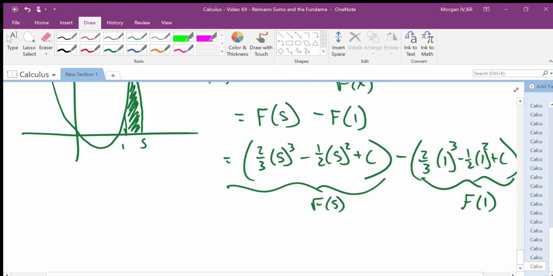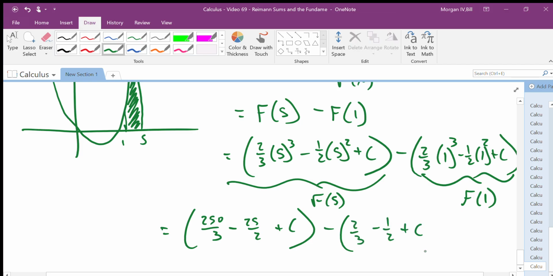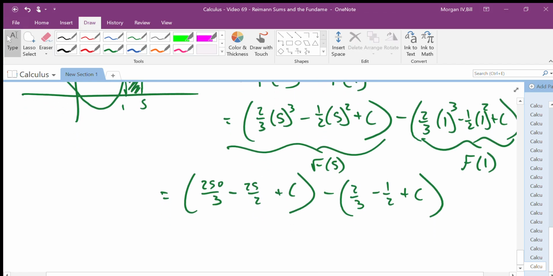A little bit of math here. 5 cubed is 125 times 2, 250. That's 250 divided by 3 minus 5 squared, 25, 25 over 2 plus c, minus 1 cubed is 1, 2/3 minus 1/2 plus c. Now, a couple things. Notice the constant c.